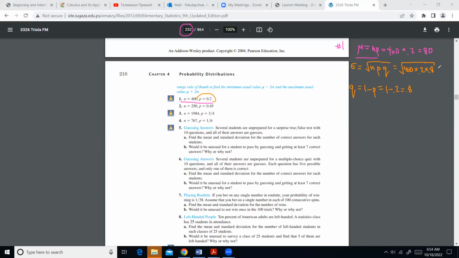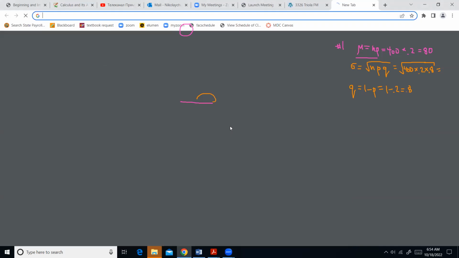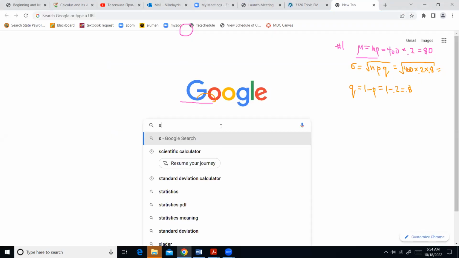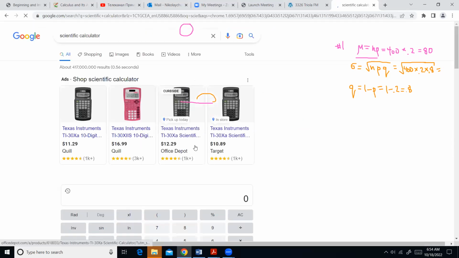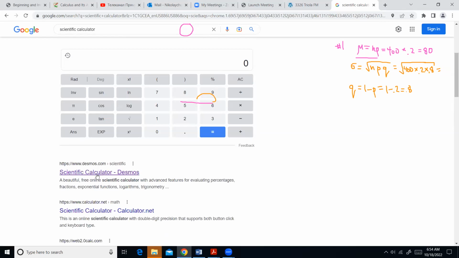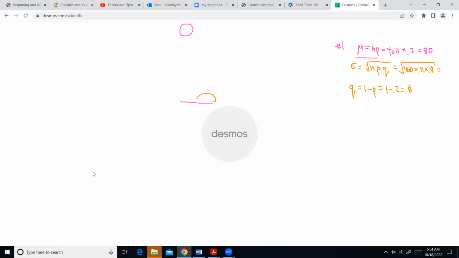And use a calculator, of course, because a calculator is definitely needed here. So how to use a calculator? We'll type scientific calculator. Once you start typing it, after all these advertisements, very first choice, Desmos is here.